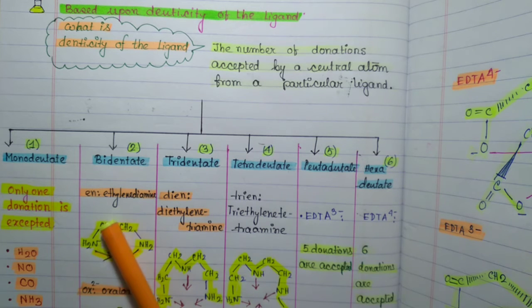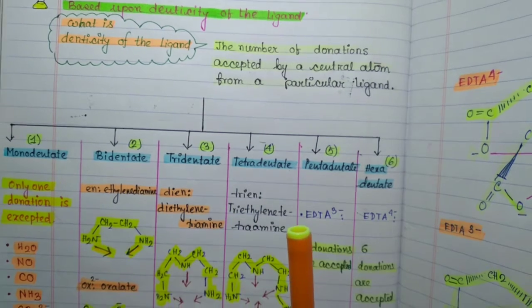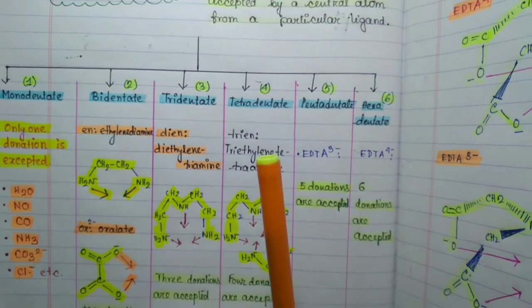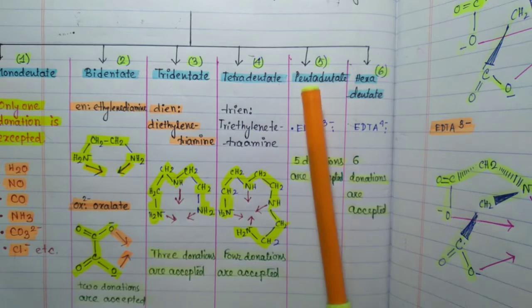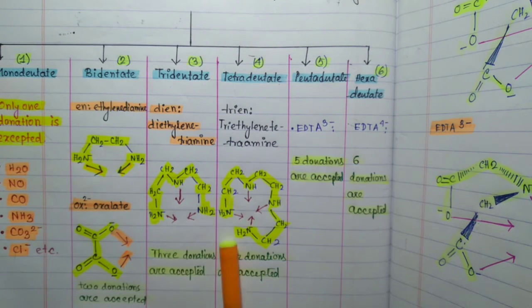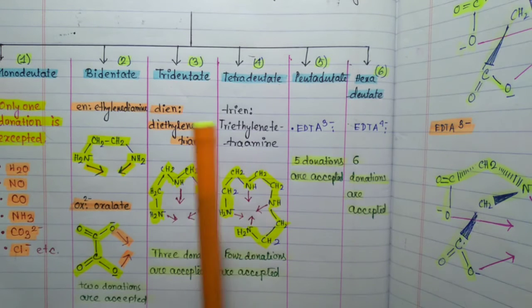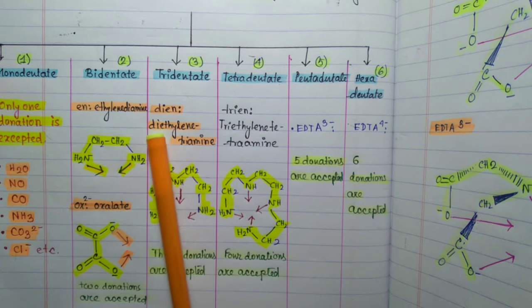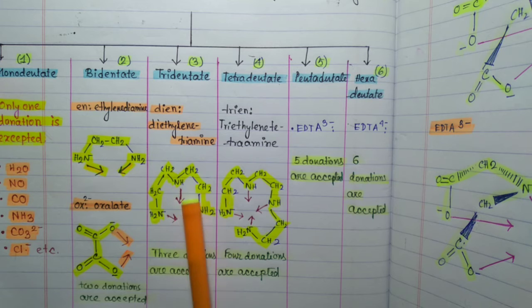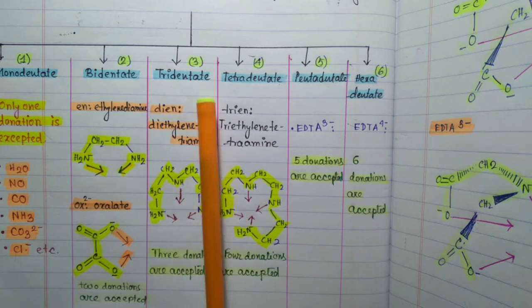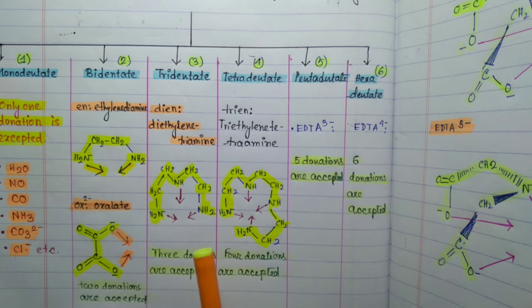You can see here in ethylenediamine, two donations are accepted, that is two arrows. Two arrows mean two donations are accepted. For tridentate ligand, tri means three. Here in diethylenetriamine, three arrows are there, that means it is a tridentate ligand and three donations are accepted.